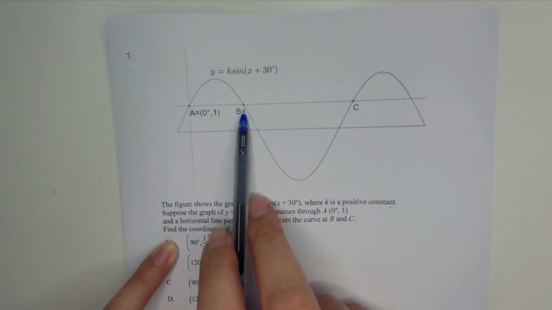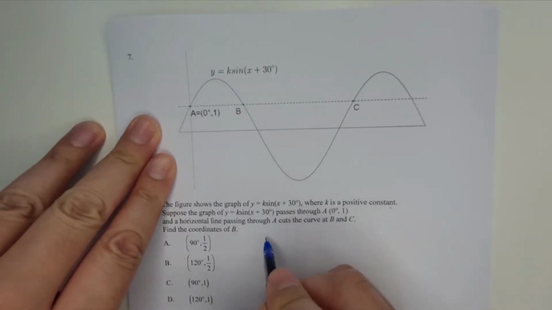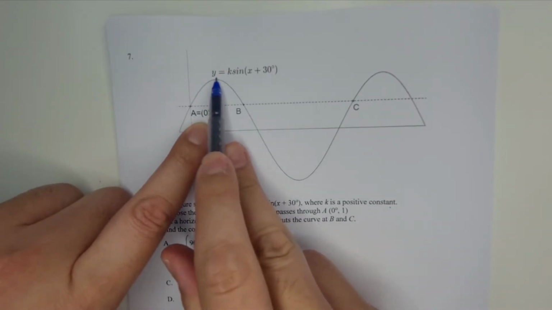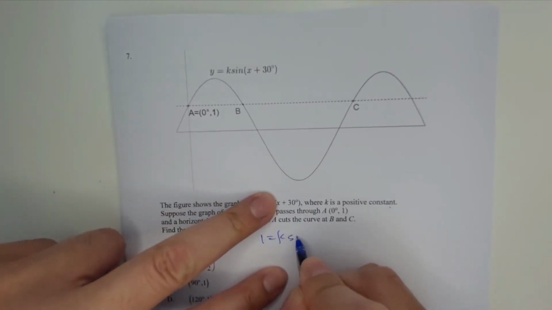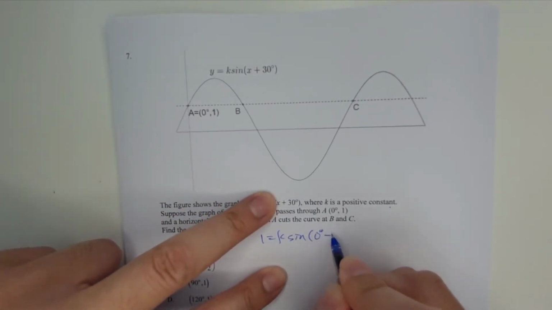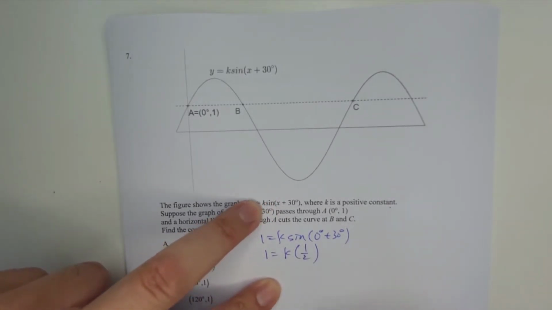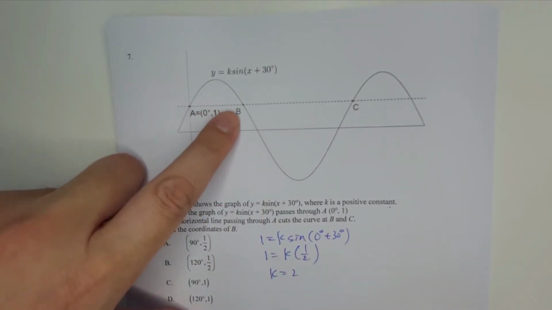Find this coordinate. So what you need to do is find K, and you can substitute x equal to 0 degrees, y equals 1 in the equation. So 1 equals K times sine (0 degrees plus 30 degrees). And you will get K times 1 over 2 equals 1. So K is 2.